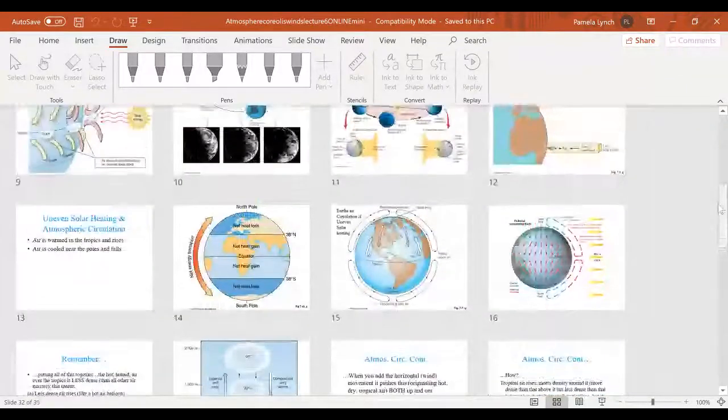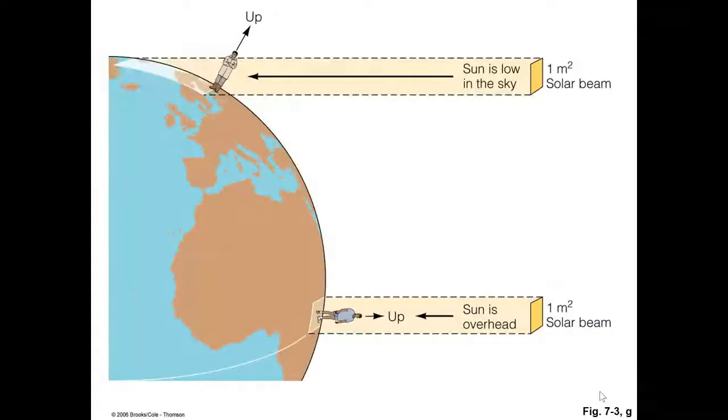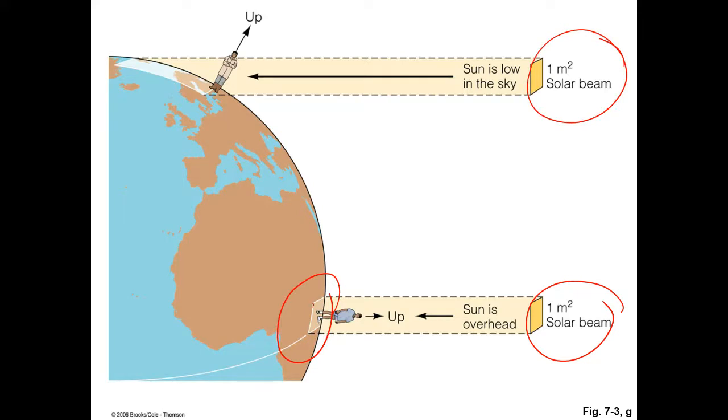Let's go back to that figure that we just left off from. If it's warmed indirectly, then what that's showing us is that, of course, we have the same amount of sunbeam. The same amount of sun covers a smaller space because it's direct heat, so it's more hot there in the equatorial regions or tropical regions, and the coverage is greater at the poles because it's on an angle. Think of a flashlight.